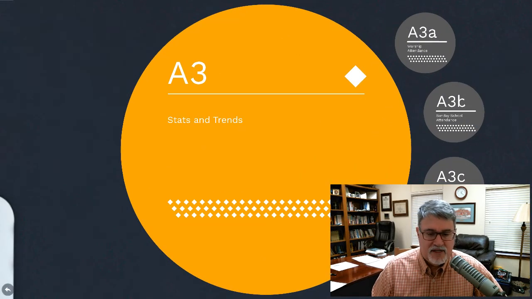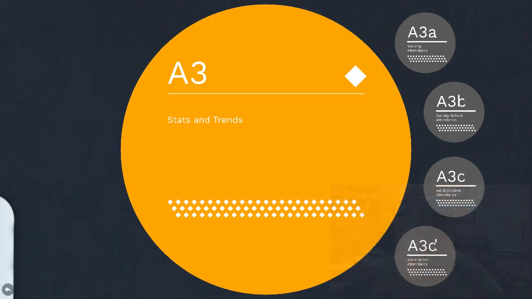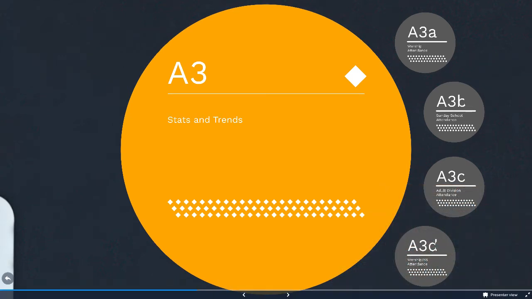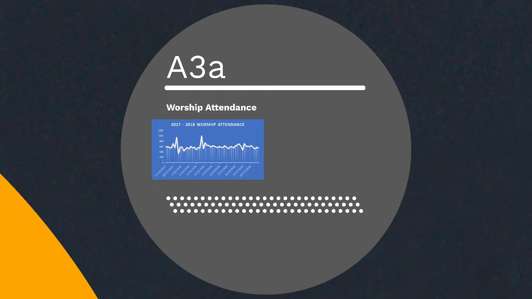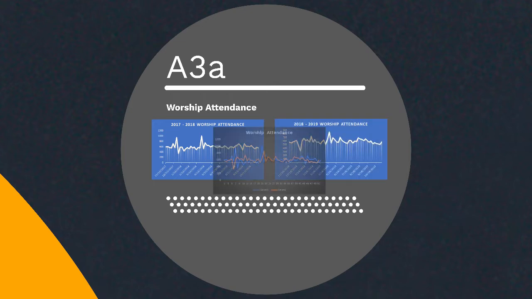As we look at some of the stats and trends that are happening in our church, I just want to share real quickly with you about these things. Worship attendance, as we look at the graphs, they look kind of similar, but I went ahead and combined them together. The blue line is last year, the orange line is this year, and you can see we're following a similar pattern in worship.